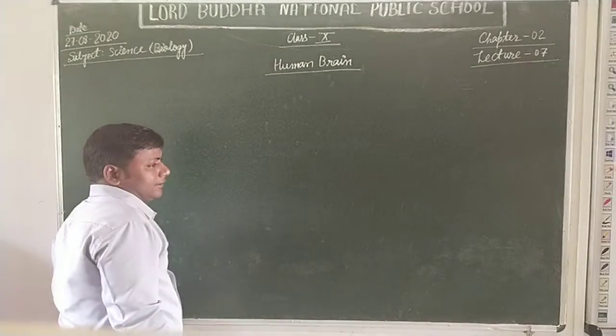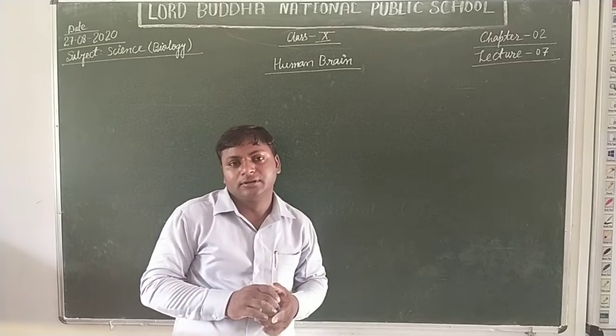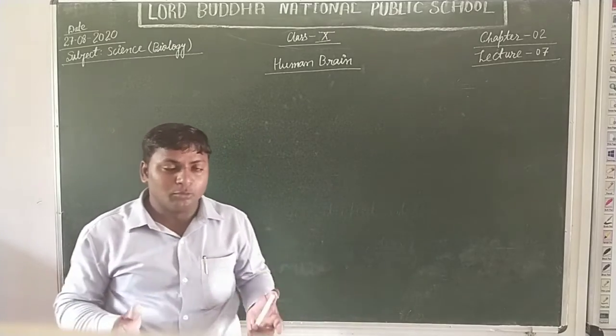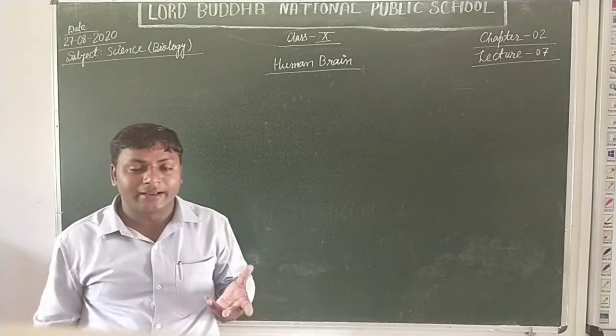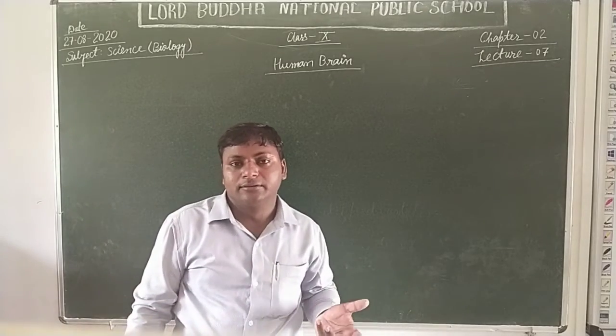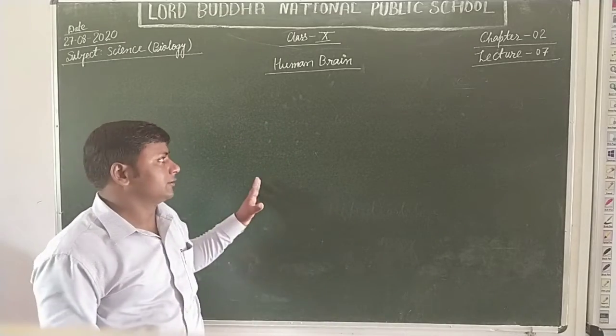The human brain is enclosed in three membranes: the innermost is the pia mater, the second is the arachnoid membrane, and the outermost is the dura mater.